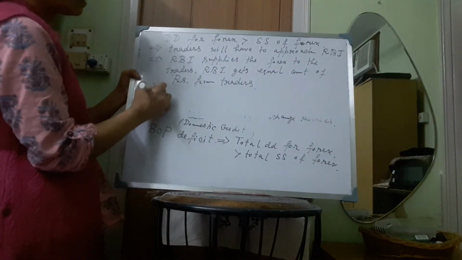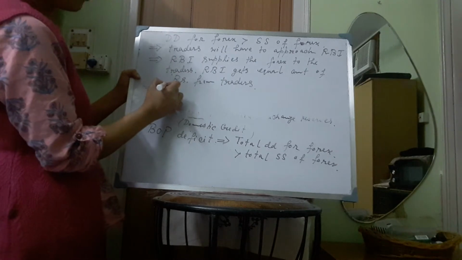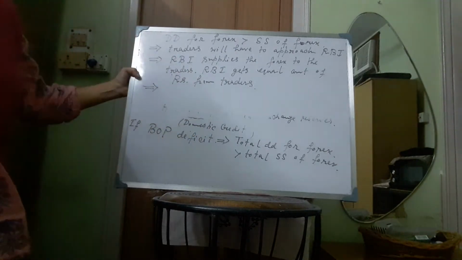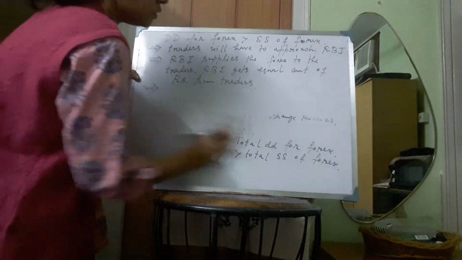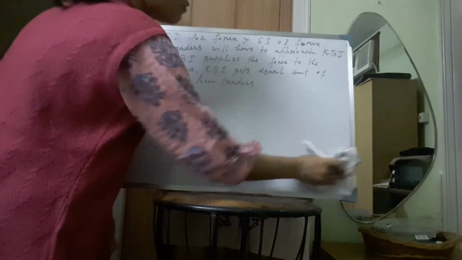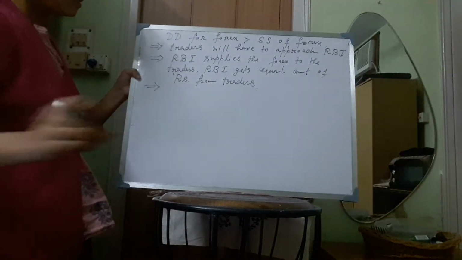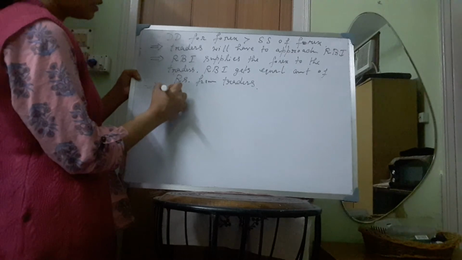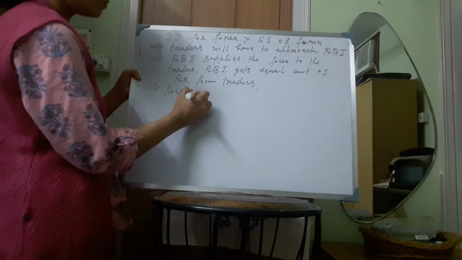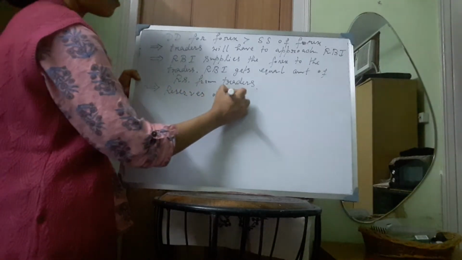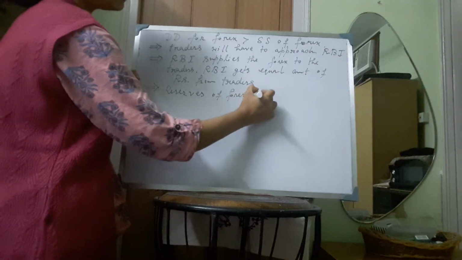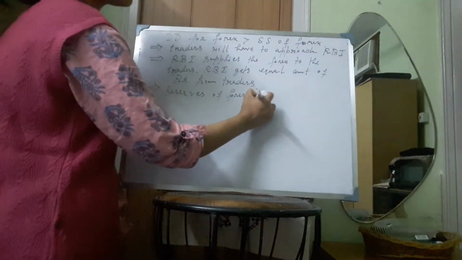and as a result, what happens to the total reserve of foreign exchange in the economy? The total reserves of foreign exchange in the economy declines. So this implies that the reserves of foreign exchange deplete or decline.